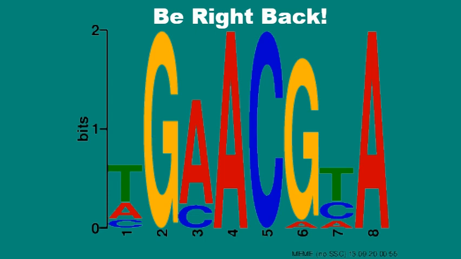This right here is called a motif, and essentially it's a representation of a pattern in DNA. DNA is built out of 4 different building blocks, referred to as A, T, G, and C. Here we have numbered positions in a stretch of DNA, 8 different positions.